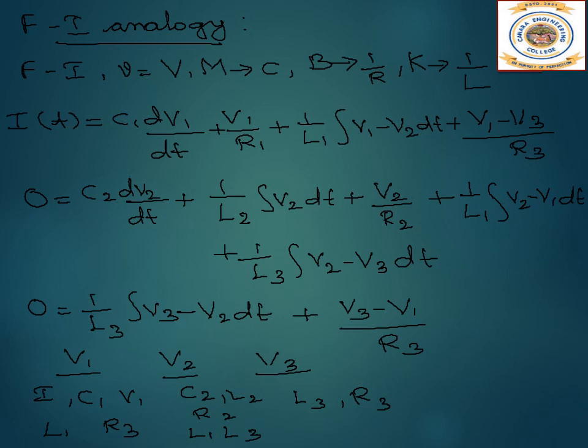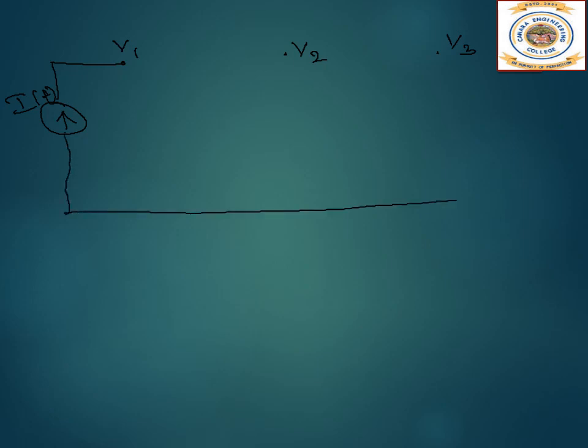Now let us draw the circuit. So nodes, see here, V1 and V2, and here let me connect V3. So first thing is writing the source. So this is I of t. So what do we have here?